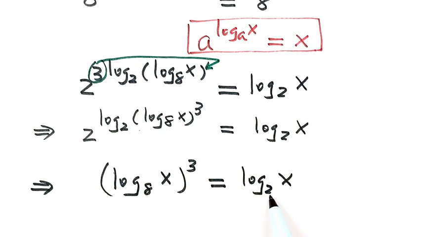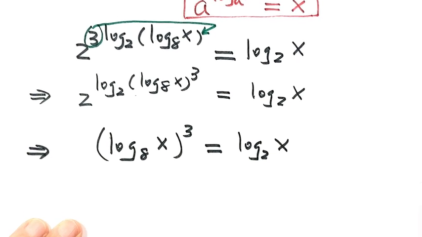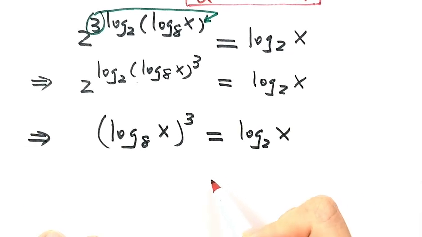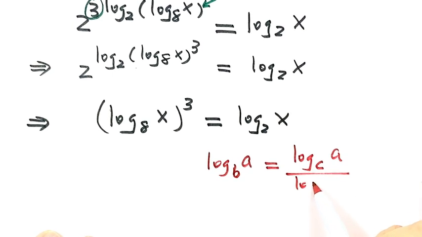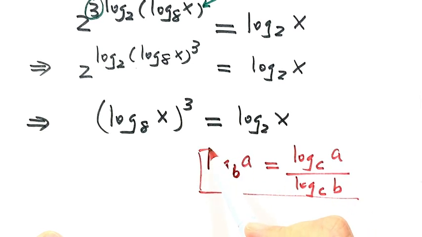Next, because this one is base 2 and this one is base 8, we want to use the change of base formula. So let's write it down: log base b of a equals log base c of a, divided by log base c of b. This is the change of base formula.